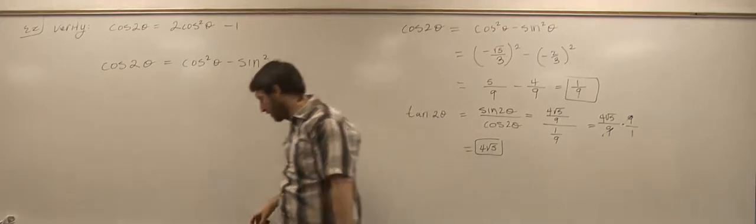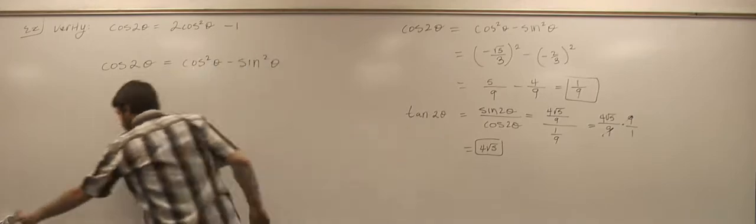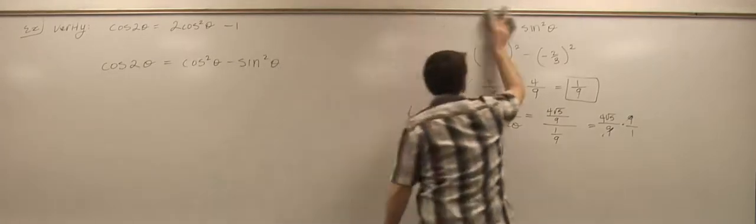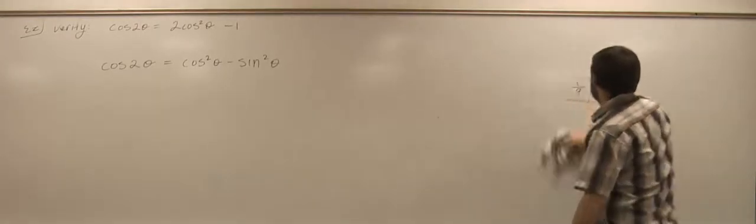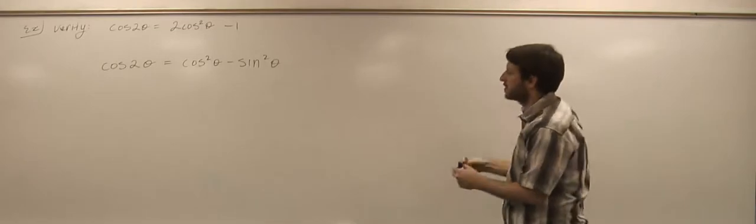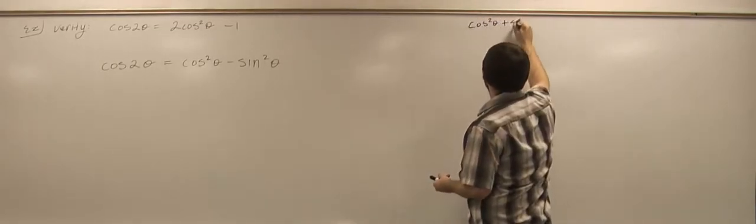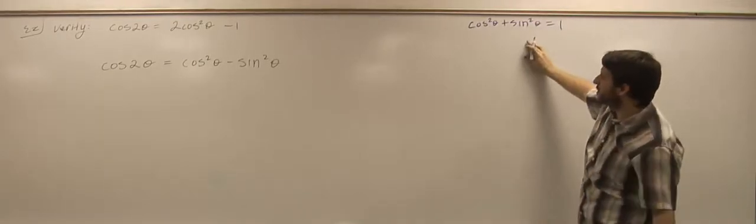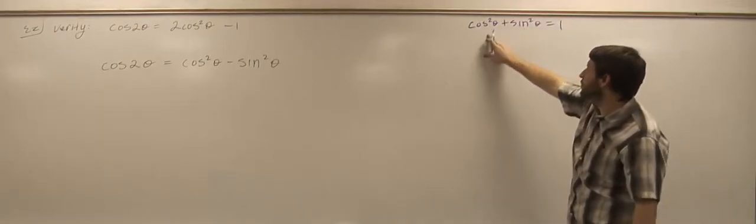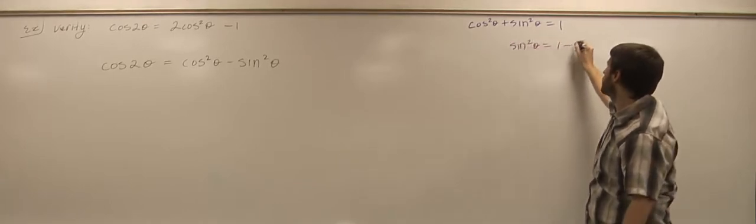The Pythagorean identity. You know that sine squared is 1 minus cos squared. Since cos squared theta plus sine squared theta equals 1, if you subtract, right, because we're trying to get rid of sine squared, if you subtract cos squared, sine squared theta is equal to 1 minus cos squared.